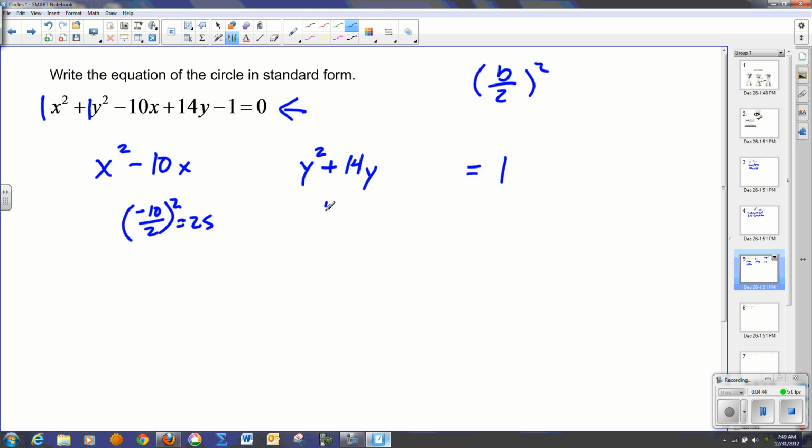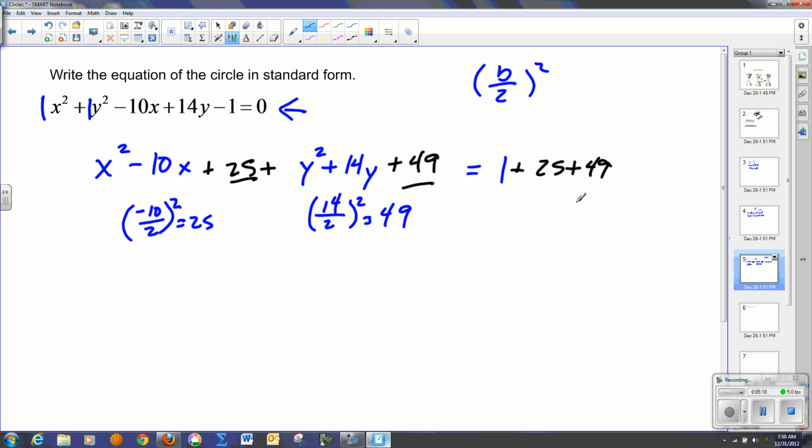And if I take half of 14 and square that, I get 49. So now I've got an addition of 25 here and an addition of 49 here. But if I've added the 25 and 49 to the left side, I must add the 25 and the 49 to the right side.